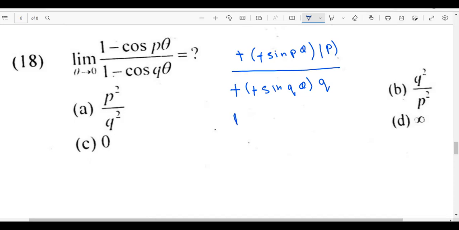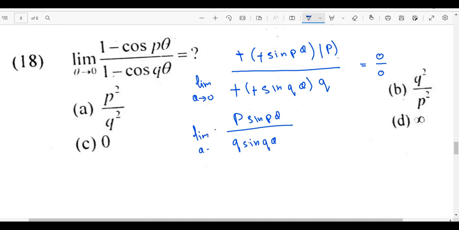So p, let me write it down neatly just so we can understand the second differentiation again. Okay. So this was giving us 0 by 0. Limit theta approaching to 0 was giving us 0 by 0. So this is what we had. And now we need to differentiate it again. So p cos p theta.